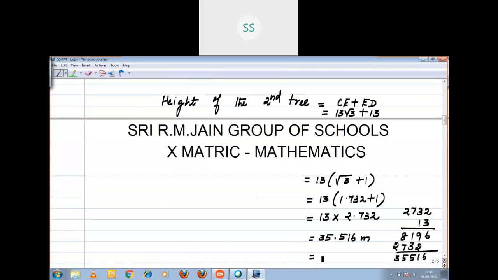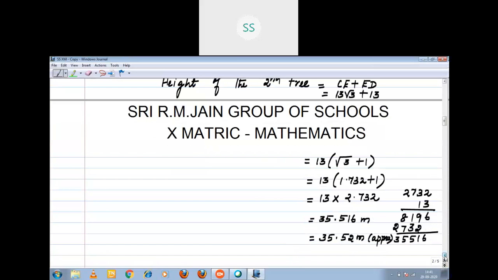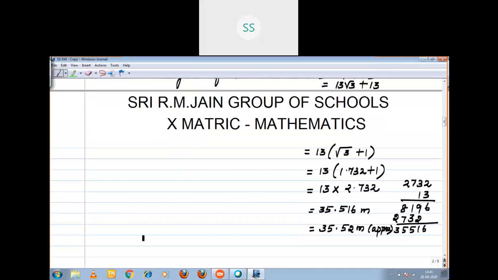35.516. If you want to write correct up to 2 decimals, the answer is 35.52 meter approx. Correct up to 2 decimals, right? So at the end you have to highlight your answer.